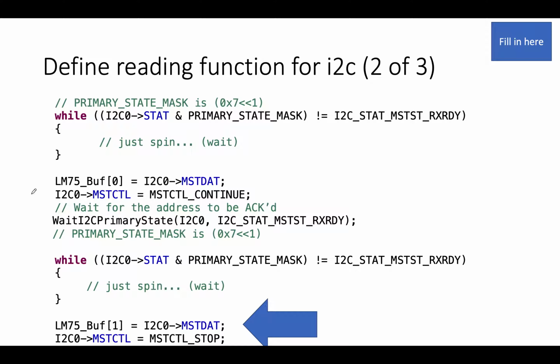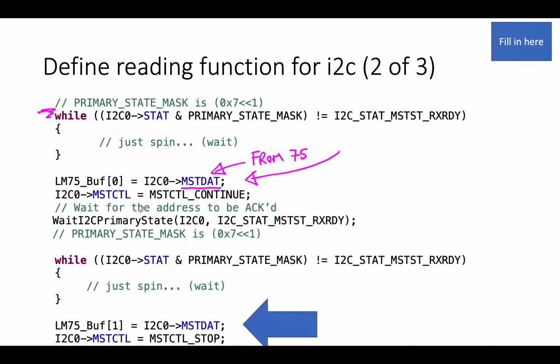What we then do after we've waited, and it doesn't have to be a very long period of time, there will be information received from the LM75 that will be sent into the 802, and it will be stored automatically by the 802 inside of a register called MSTDAT for data.